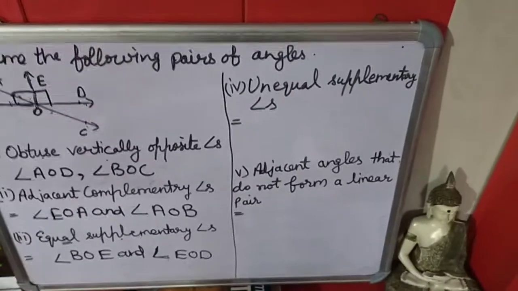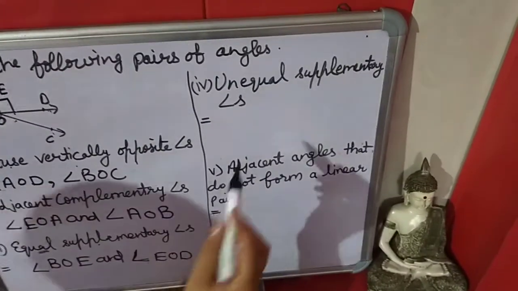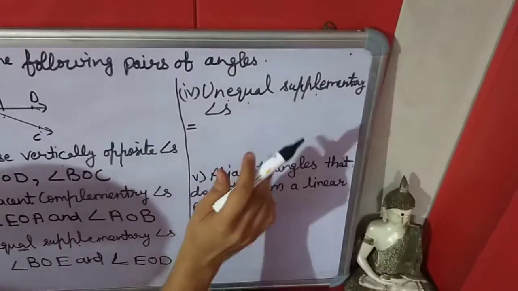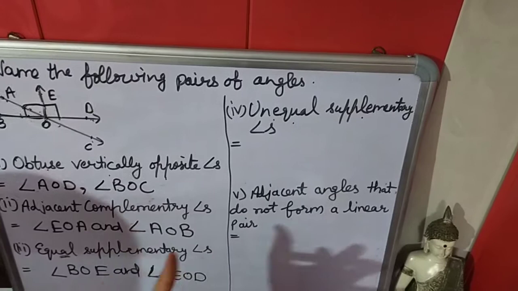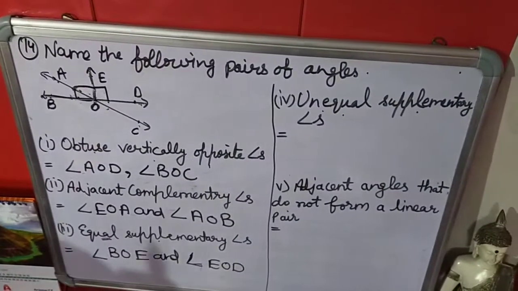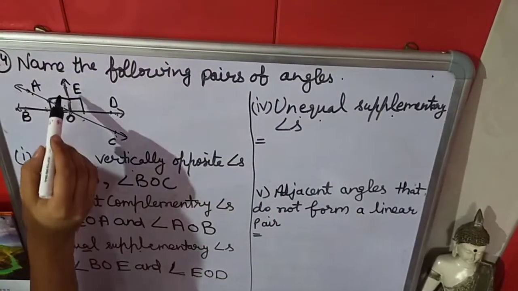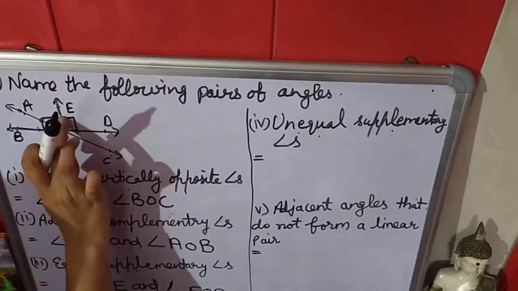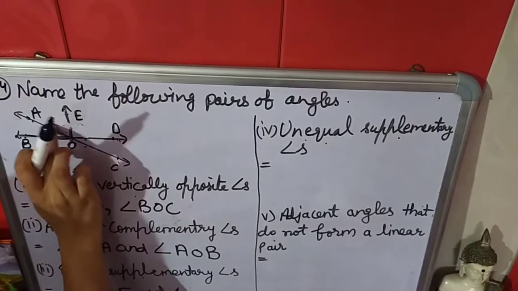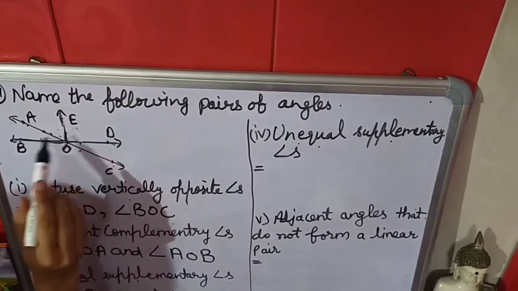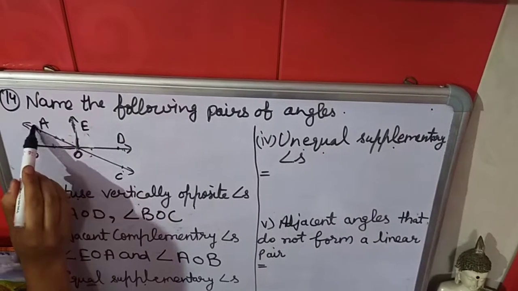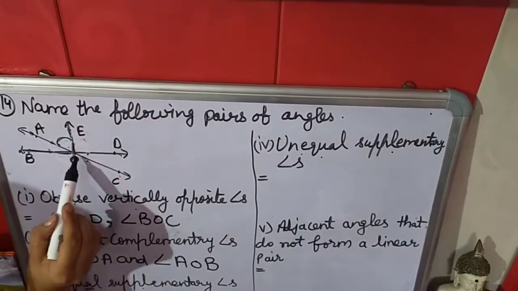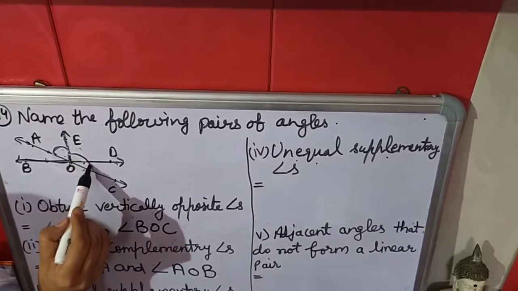Next is unequal supplementary angles. Unequal means the sum should be 180 but the angles unequal. It is not necessary that both are 90; they can have different measurements. Look here, just wait, I will rub this. Angle EOA, this angle, and angle EOC, this angle.